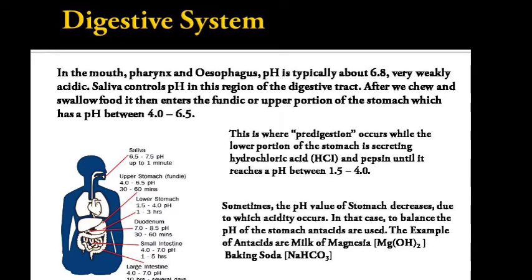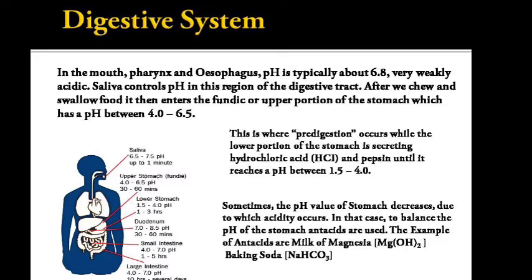Now due to this decrease or fall in the pH value, the amount of acid increases, and that's where acidity occurs in our stomach. We all have noticed that there are acidity problems in the human body.